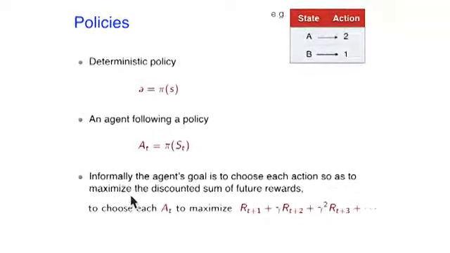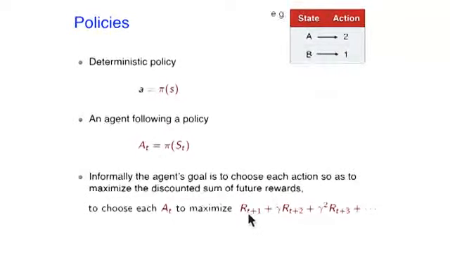Now informally, our goal is to choose our actions so as to maximize something, and we hadn't fully decided what we were trying to maximize. It was something about the future rewards and maybe the sum of them, and there are actually several possibilities here. But we're going to consider just the simplest and most straightforward one, which is that we choose each action to maximize the discounted sum of the future rewards.